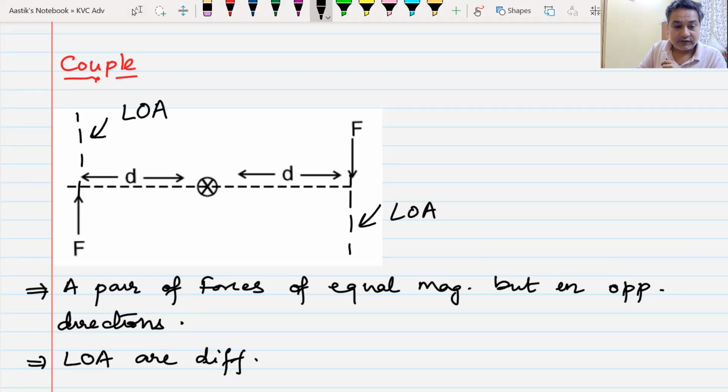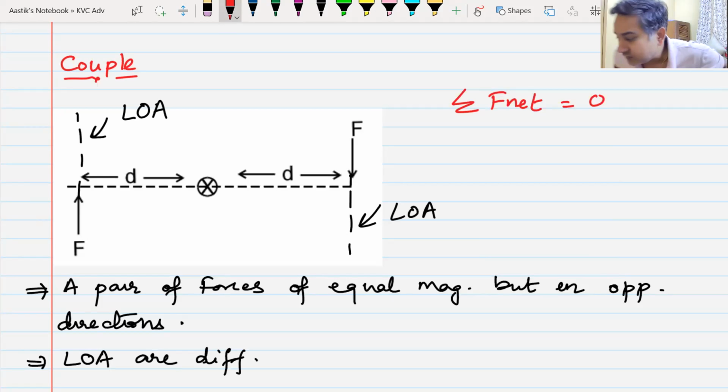The net force acting on this system will be 0 because one force acts like this and the other acts like this. The total net force is 0.